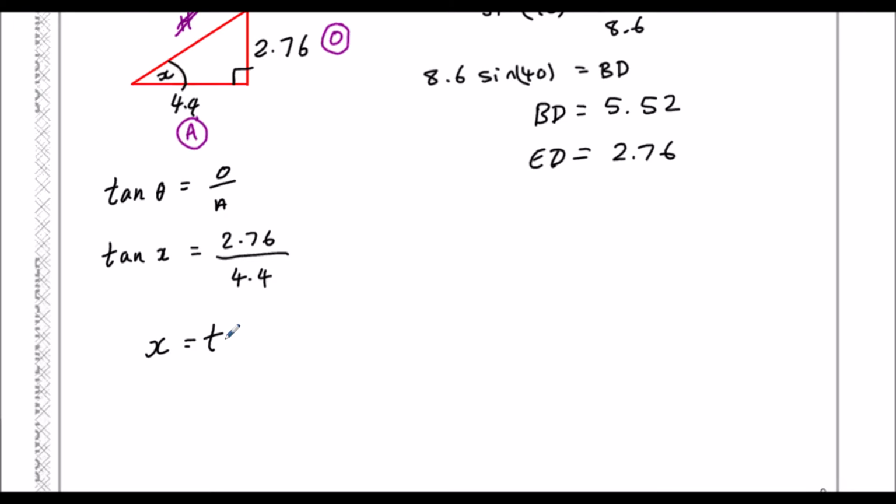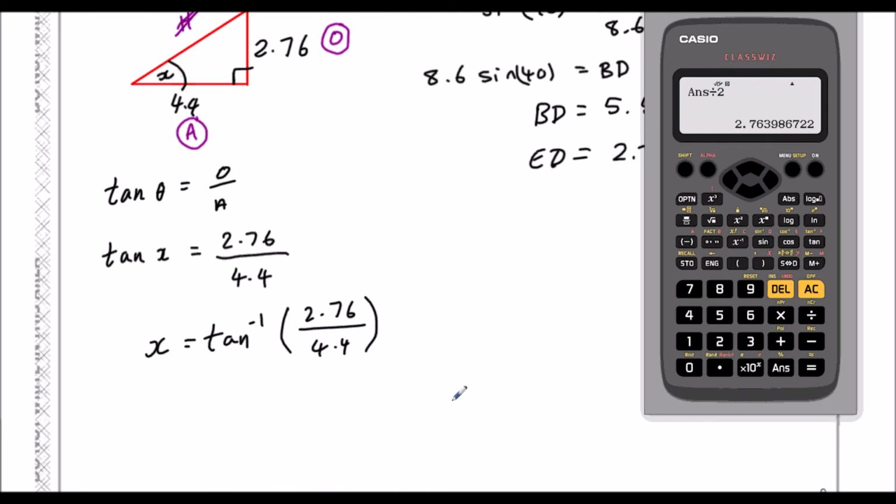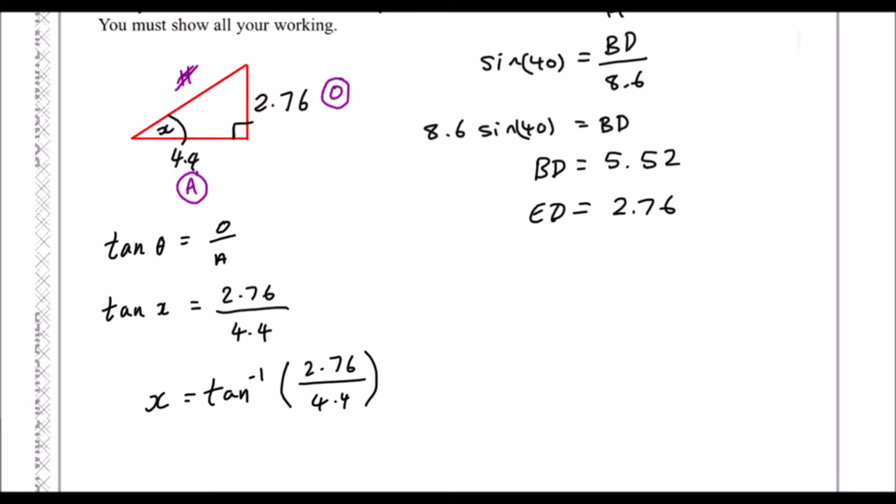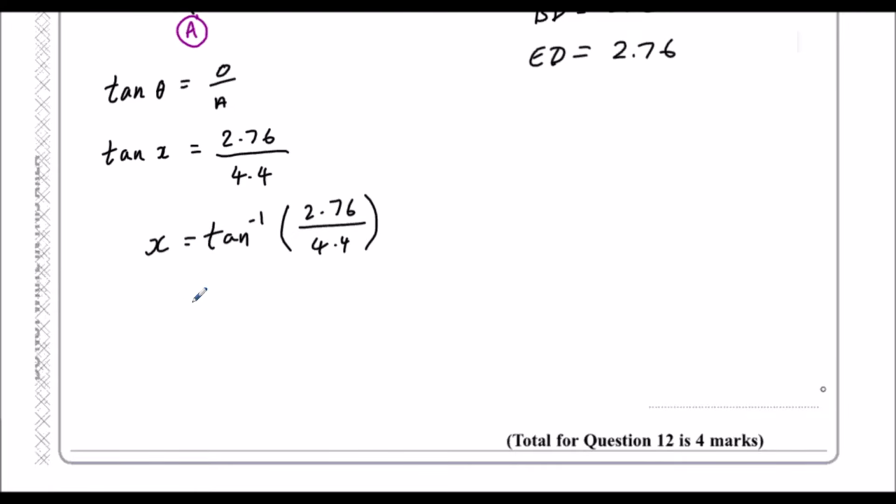So it's shift tan, arctan of 2.76 over 4.4. So we can just type that into the calculator. Shift tan, our answer, over 4.4. And that is 32.1 to 1 decimal place.